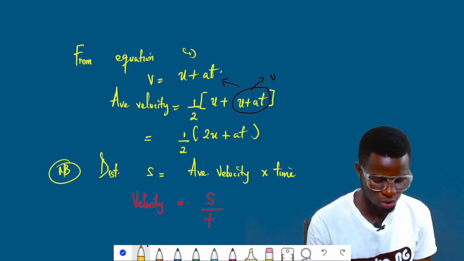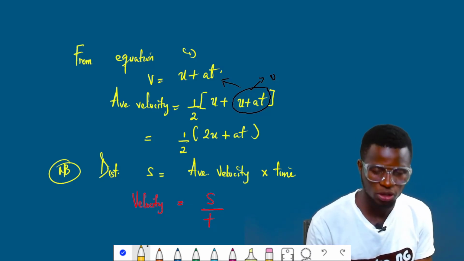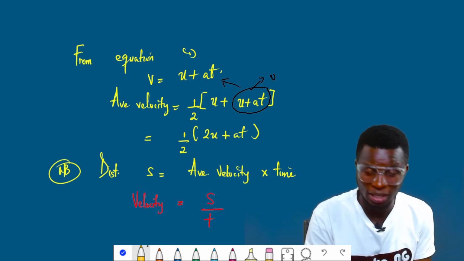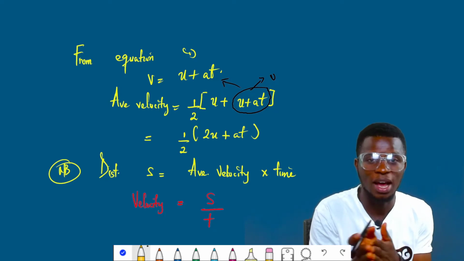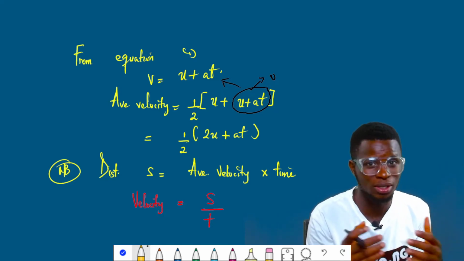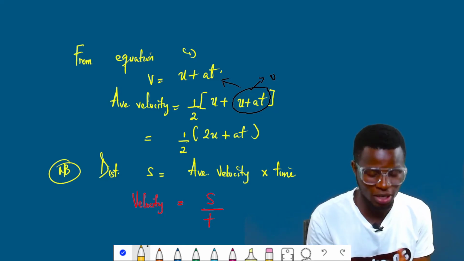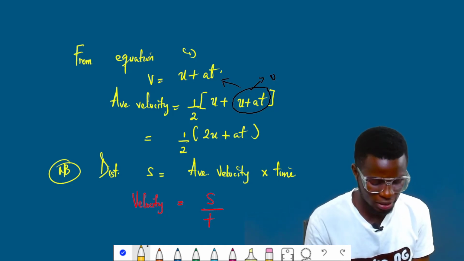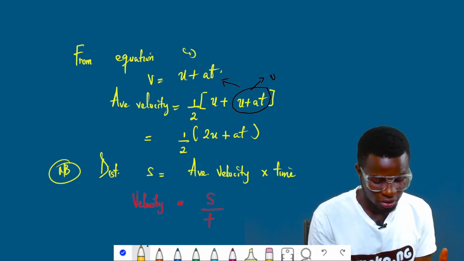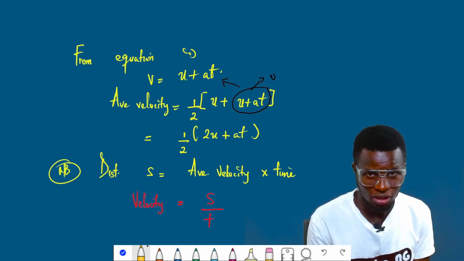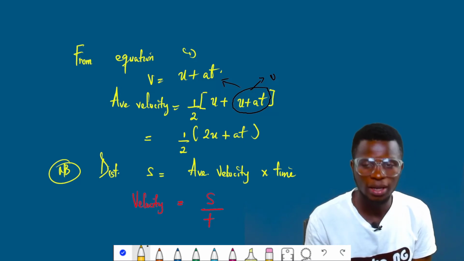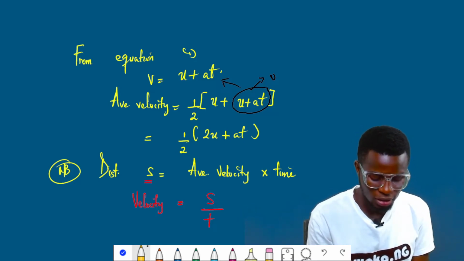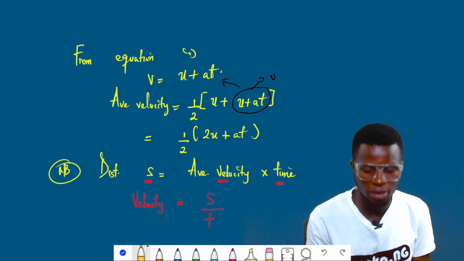I'm sure you know that velocity is the rate of change of distance, or displacement rather, with time. Okay, and in most cases we use displacement and distance interchangeably, though they are not the same thing. Okay, they are not the same thing at all, so don't make that mistake. All right, but analytically, the average velocity is equal to the distance traveled or distance covered over time. Okay, so if we cross multiply, we have that the distance is equal to average velocity times time.